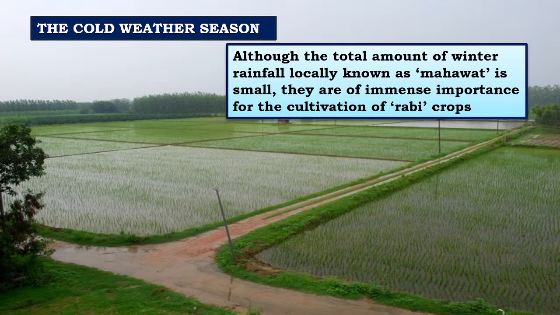They are of immense importance for the cultivation of Rabi crops. समझ में आ रहा है? Completed? So you have written Lu, then what is the other word? Mango shower, Kal Baisakhi, then Mahavat. These words are important. ठीक है?